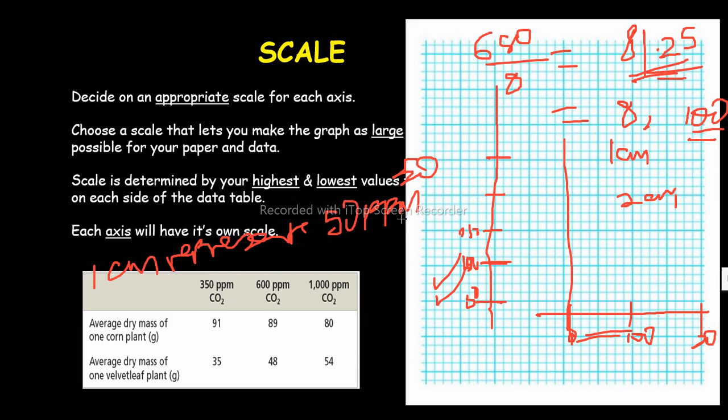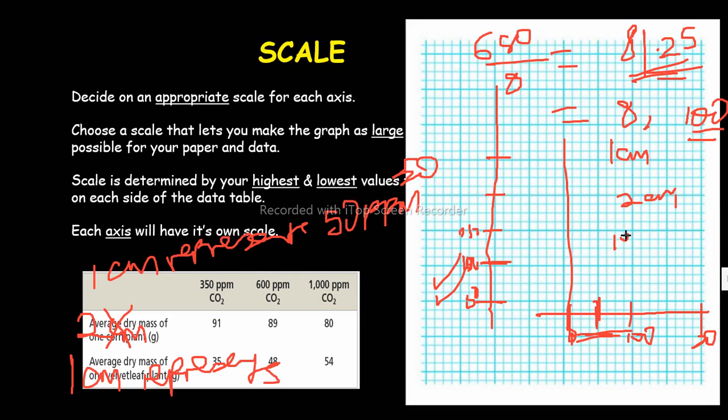As simple as that. But for this one, who has used the 2 centimeters, you can't say 2 centimeters represent. That is wrong. Shall cross you. You have to use 1 centimeter represents. Okay? And then you divide. If this is 100, then what does 1 represent?